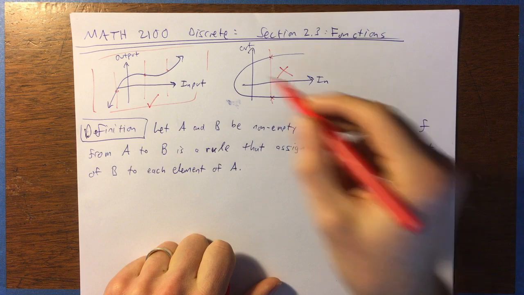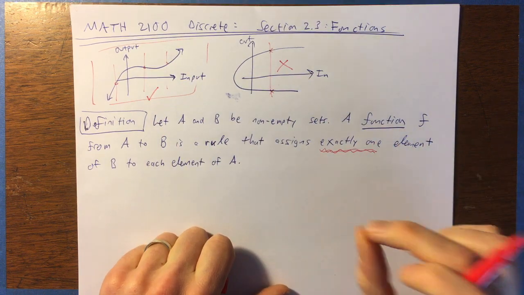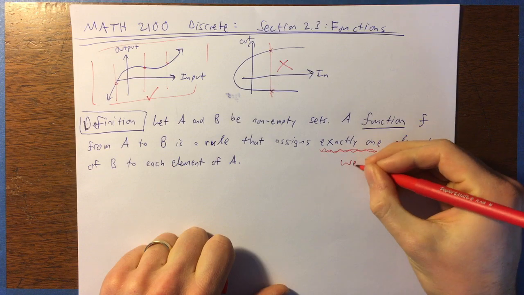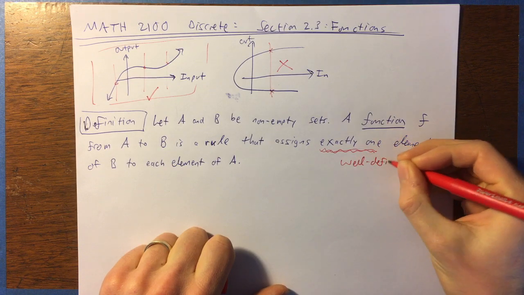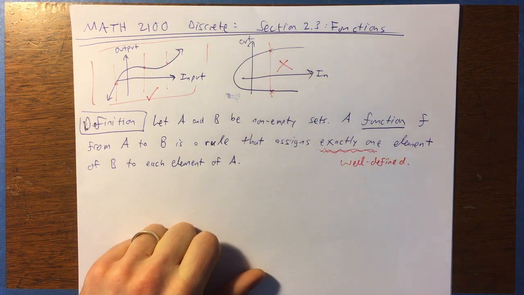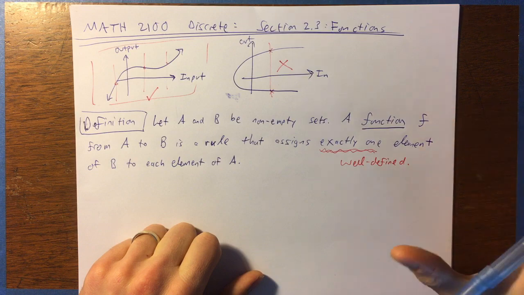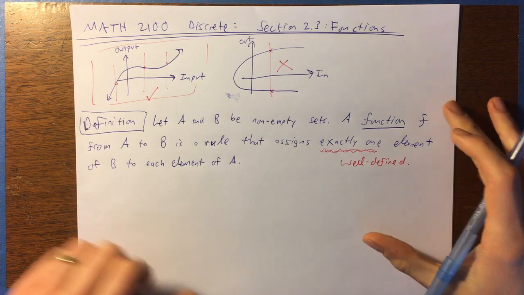And that exactly one, that's basically your vertical line test right there. That's the essential idea of a function being what's called well-defined. If I give a function an input, it's going to give me an output. It's not going to give me more than one, so there's no ambiguity or confusion about what the output is meant to be.